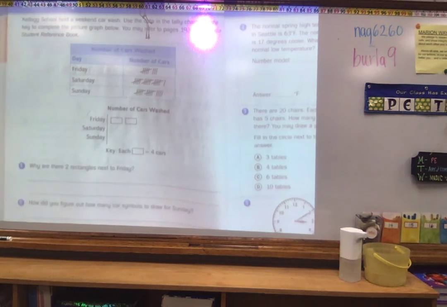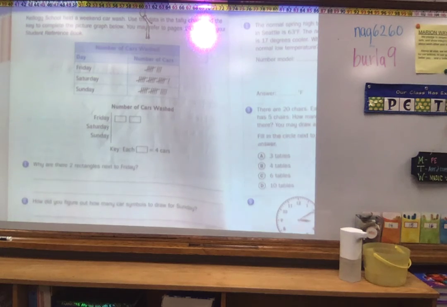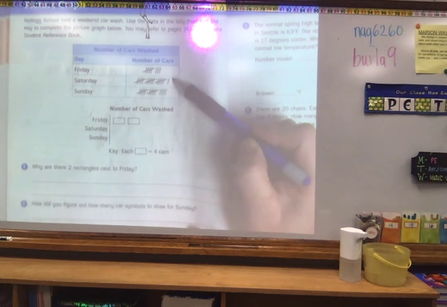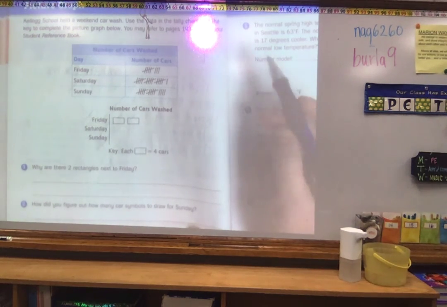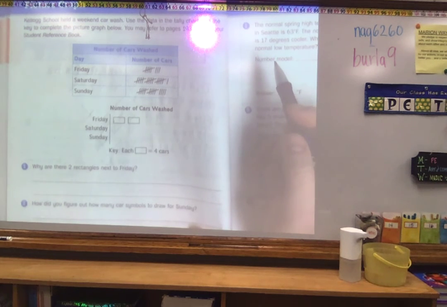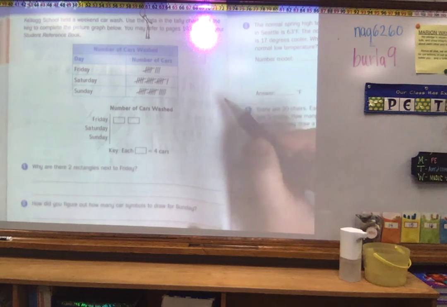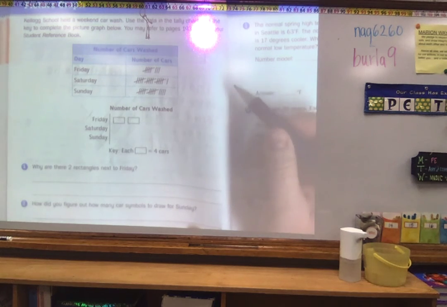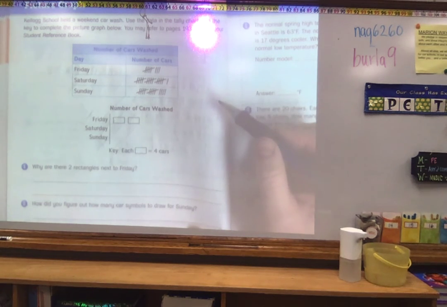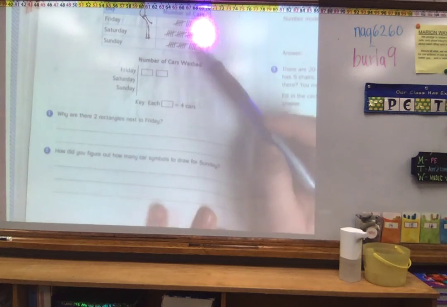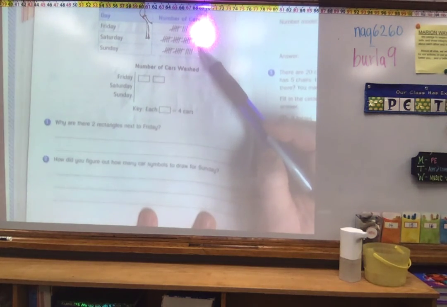Use the data in the tally chart. So here is our tally chart, and the key to complete the picture graph. It says you may refer to pages 193 and 194 in your student's reference book. Those are the pages we looked at earlier.